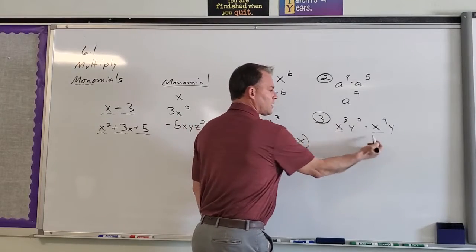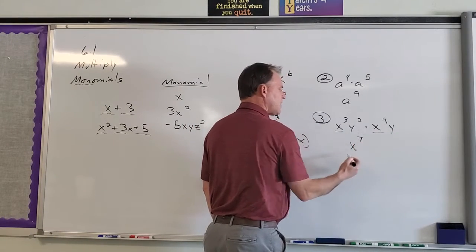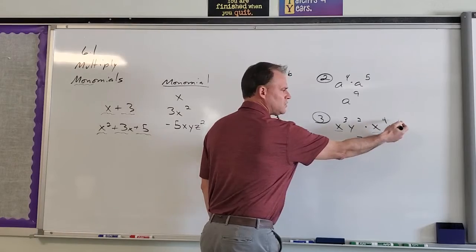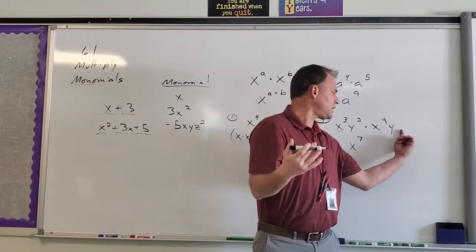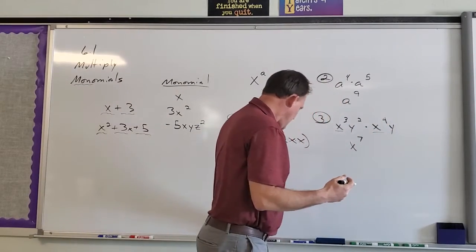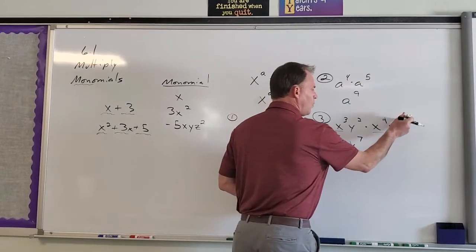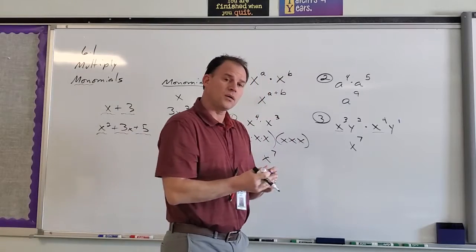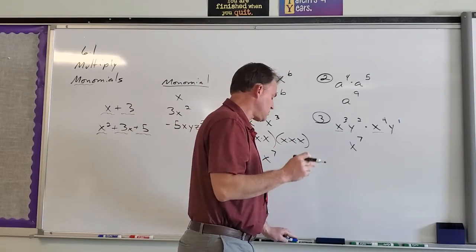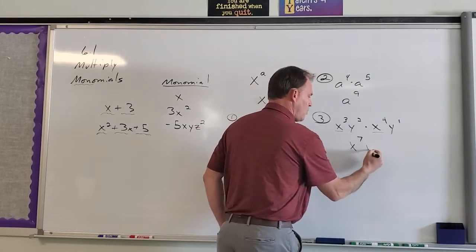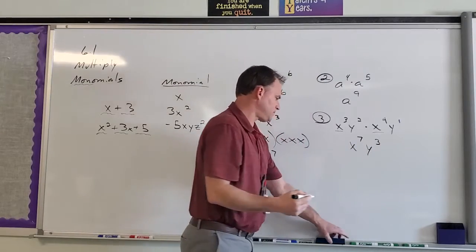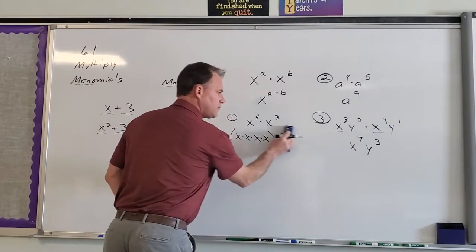So x to the 3rd, x to the 4th is x to the 7th, y to the 2nd, y to the what? What is the exponent here? Well, if you don't see something, what is it? Yeah, it's a 1. So if you don't see a number, if you don't see an exponent, it's a 1. So this would be y to the 3rd. All right.